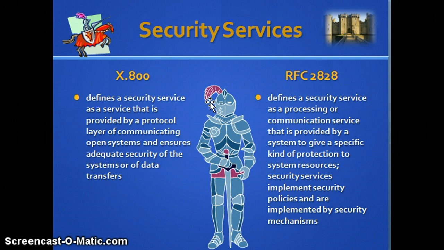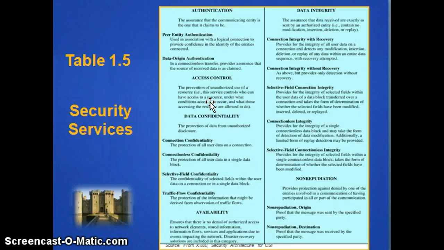If we go through the security services one by one, X800 divided these services into 6 categories. If we look at the table here, we will see authentication, access control, data confidentiality, availability, data integrity, and non-repudiation.